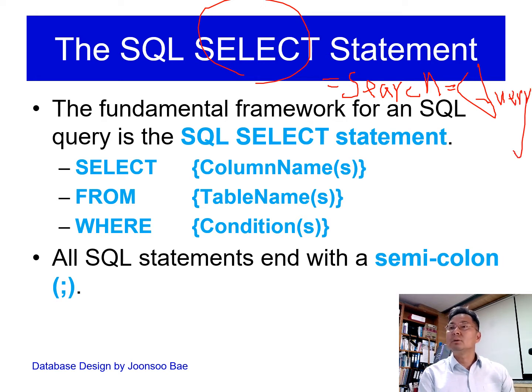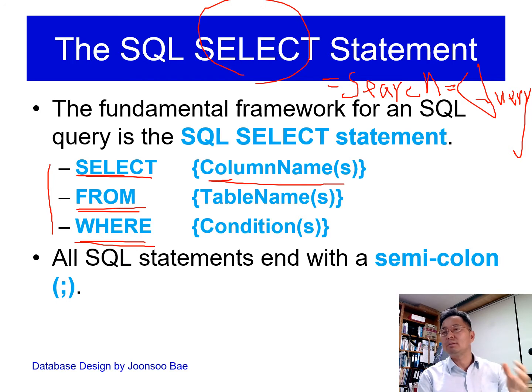Okay, so this is the select statement grammar: select, from, where. This is the select statement syntax. In order to use a select statement, you must follow this syntax. After select, you can specify column names.